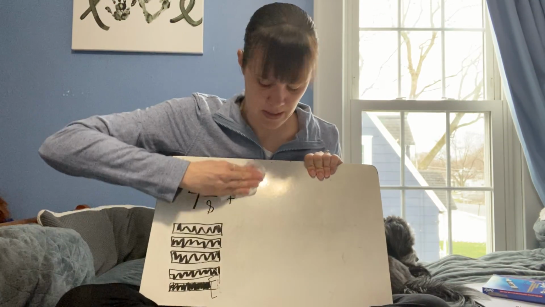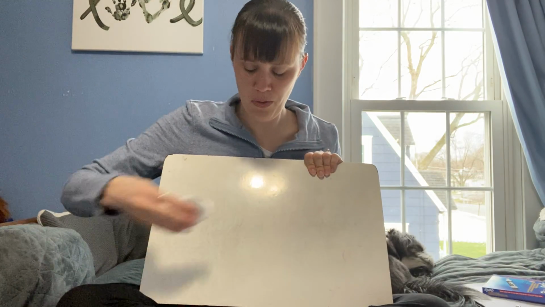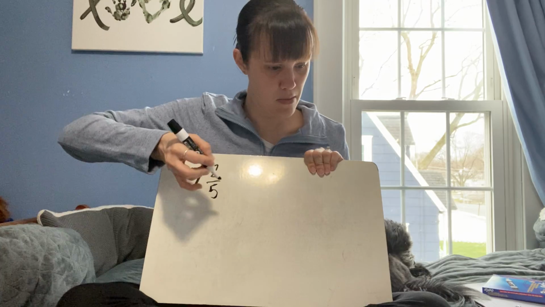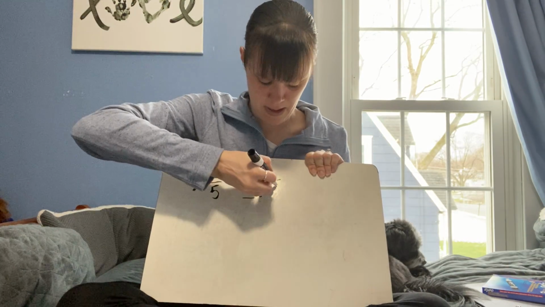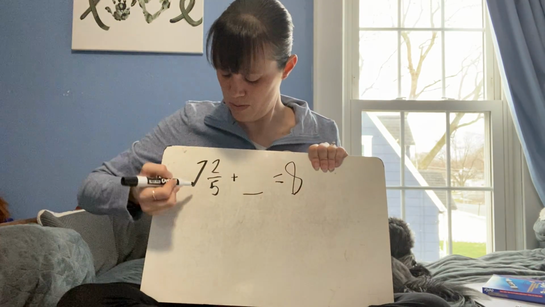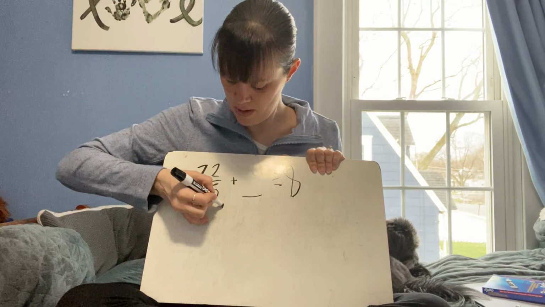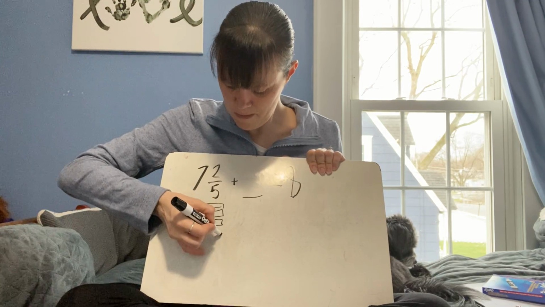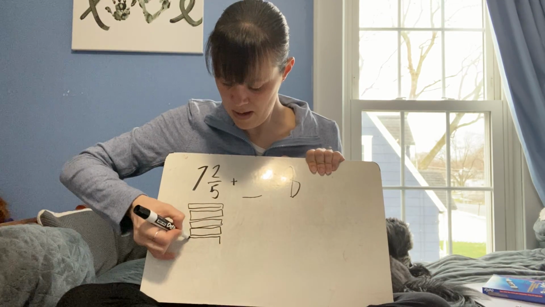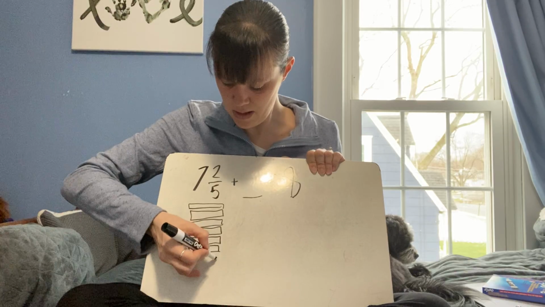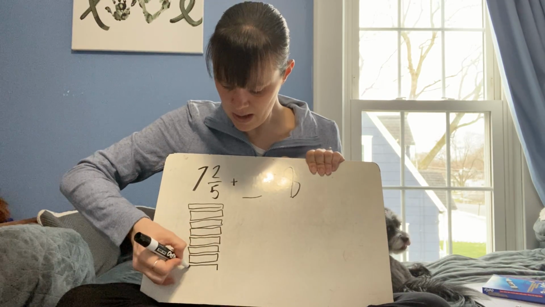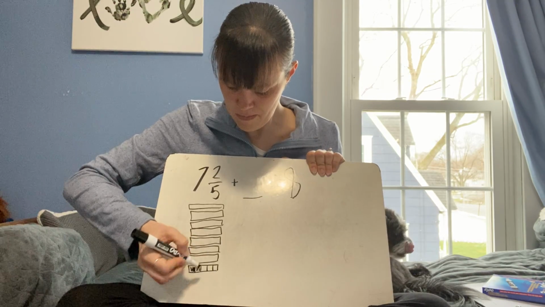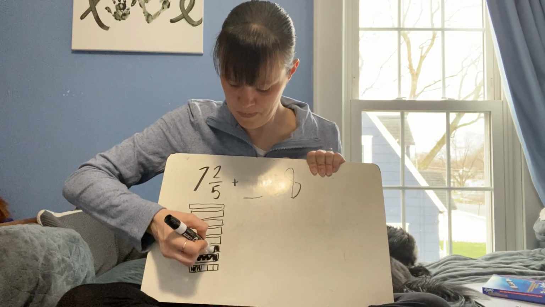Next one, 7 2/5 plus something gives me 8. So if we're at 7, we've got 7, 1, 2, 3, 4, 5, 6, 7, and now I have to do 2/5. 1, 2, 3, 4. So these are all shaded in.